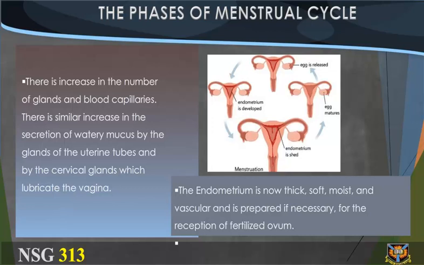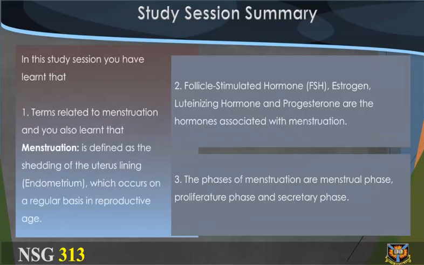There is a similar increase in the secretion of watery mucus by the glands of the uterine tubes and by the cervical glands, which lubricates the vagina. The endometrium is now thick, soft, moist, and vascular, and is prepared, if necessary, for the reception of a fertilized ovum.